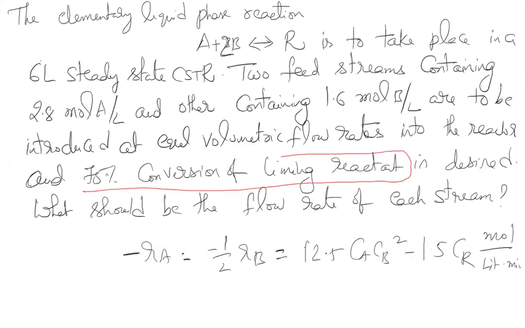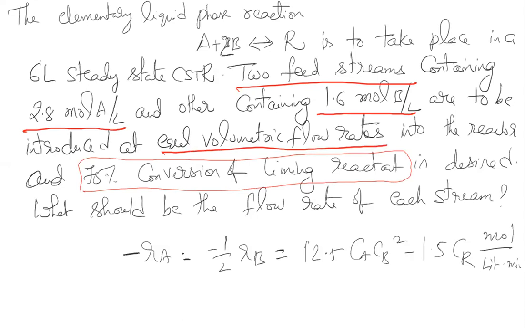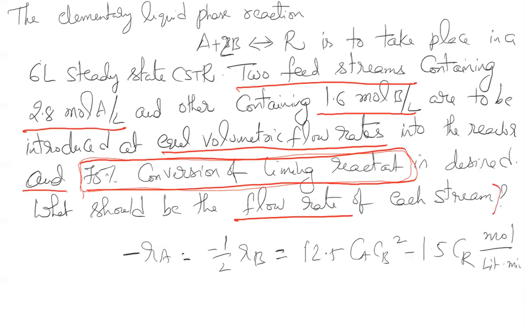First, you should identify what is the limiting reactant. Basically you have two individual feed streams, one containing a concentration of 2.8 mole per liter, another one containing a concentration of 1.6 moles of B per liter, to be introduced at equal volumetric flow rates into the reactor. 75% conversion of limiting reactant is desired. What should be the flow rate of each stream is the question.